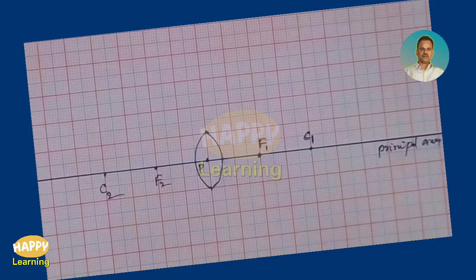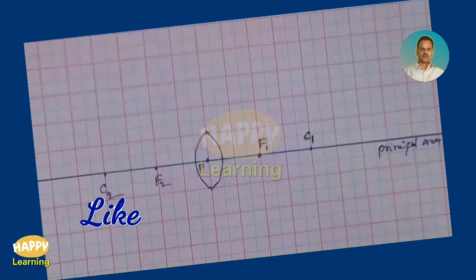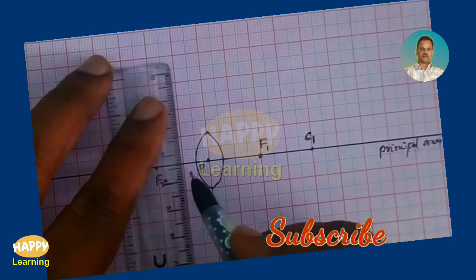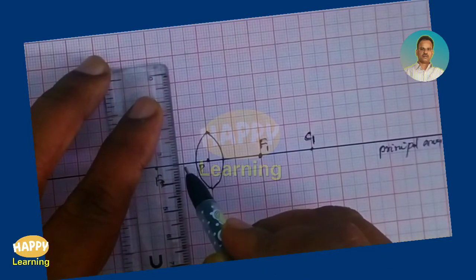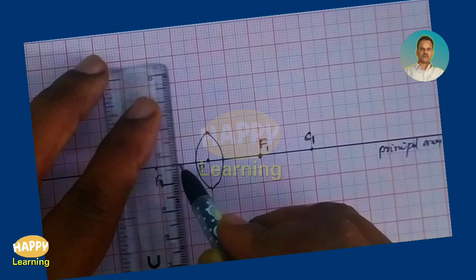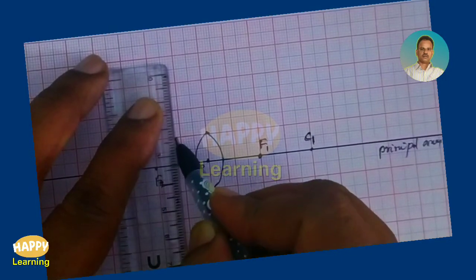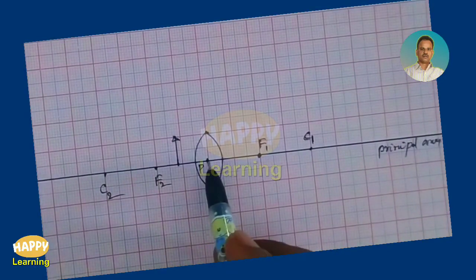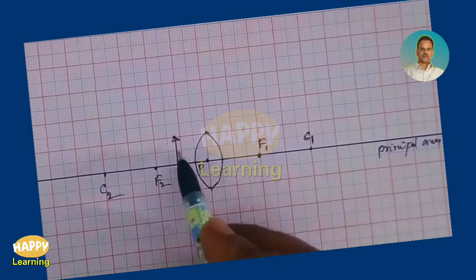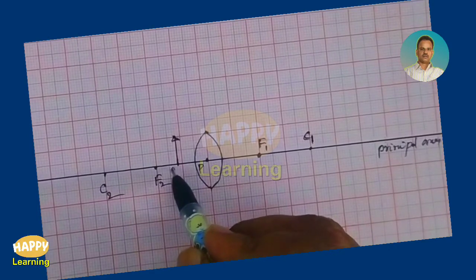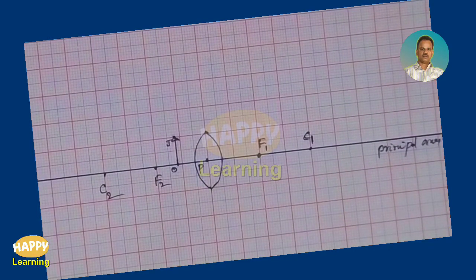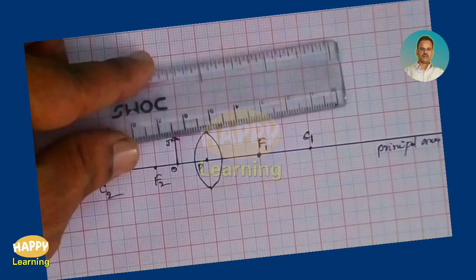Then select an object whose position is, sorry, between focus and lens. Between the focus and the optic center of the lens, there is an object. Let me call this object OJ.